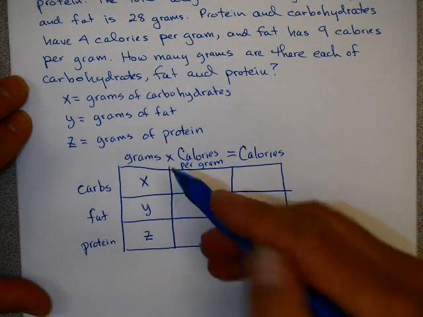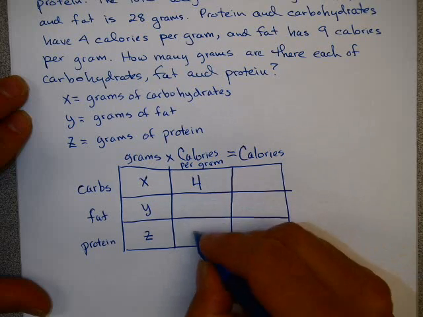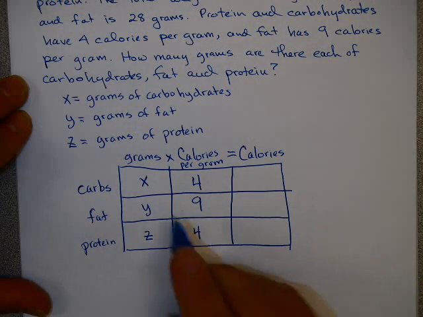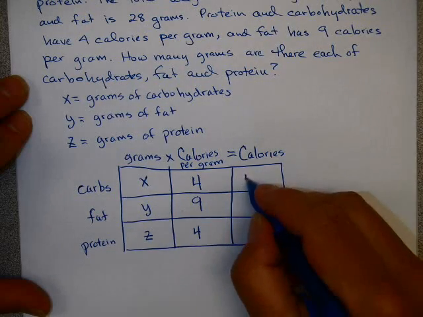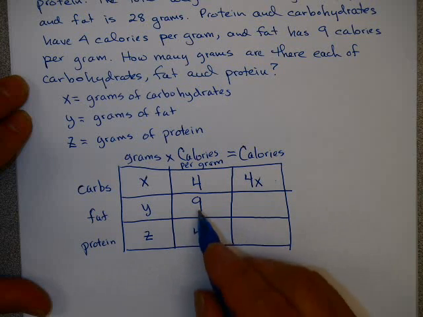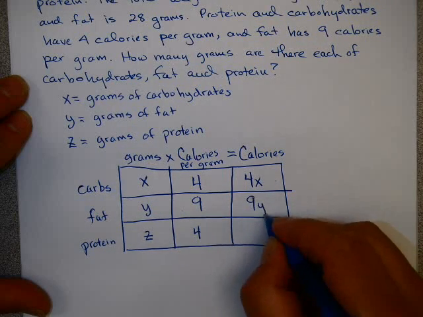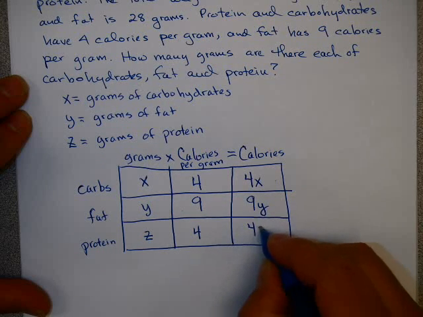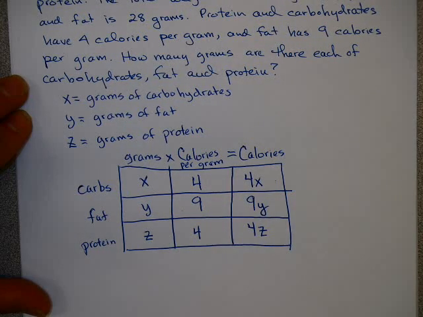I know that protein and carbohydrates each have 4 calories per gram, and that fat has 9 calories per gram. So just using this simple multiplication across, I have 4 times x for the amount of calories contributed by carbohydrates. I have 9 times y for the amount of calories contributed by fat, and I have 4 times z for the amount of calories contributed by protein.